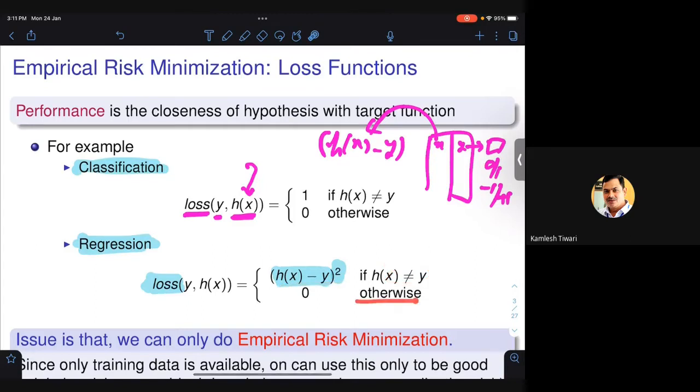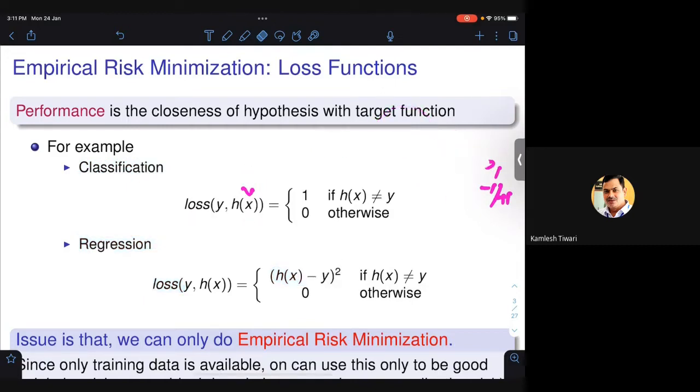If the two values are the same, the value is ultimately going to be 0 only, but for the sake of writing, it is written that otherwise the value is 0. If the values are the same, this expression is itself going to be 0. So if you have developed a model, you want to find the loss of your model, and you want to minimize this loss. Make sense?